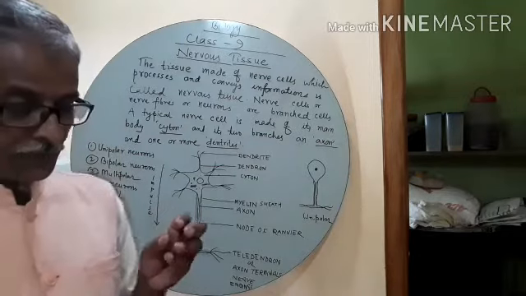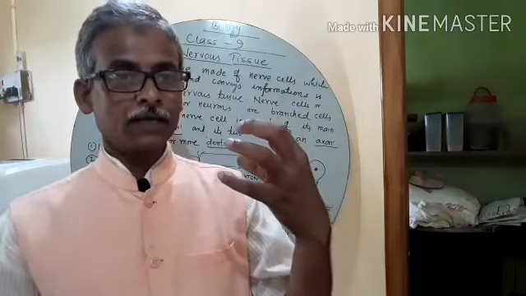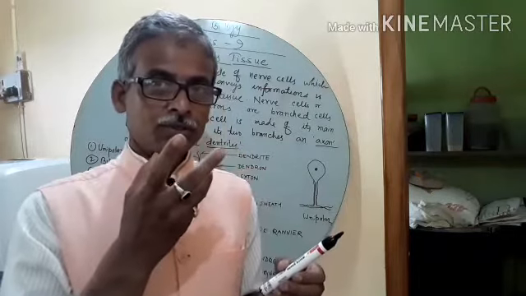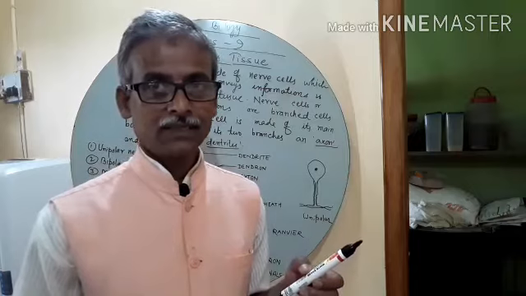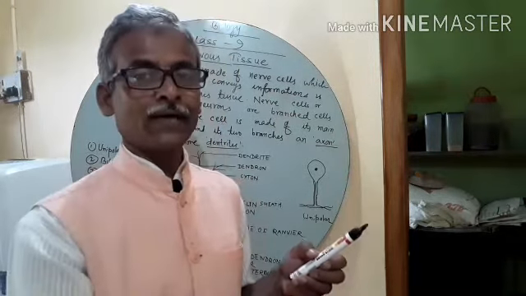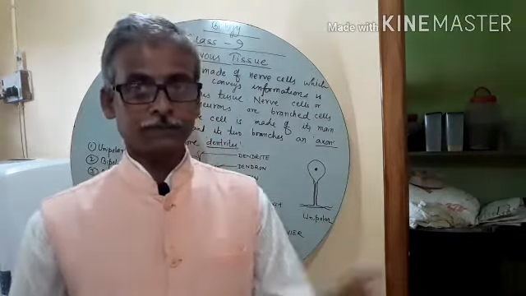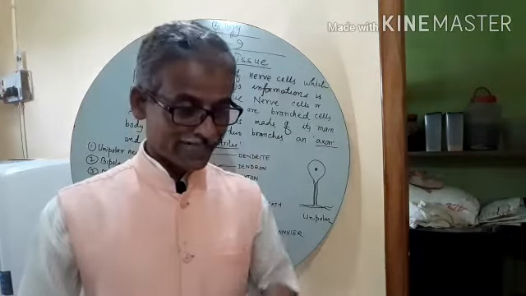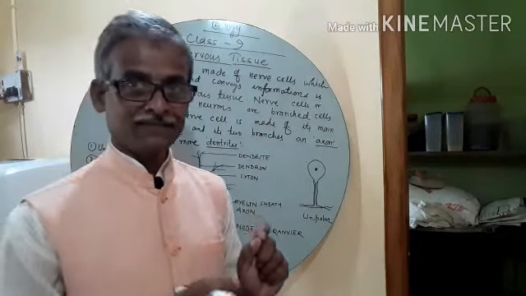As we speak in front of a microphone, the sound changes into electricity in the microphone. It goes through the wire, and again that sound comes out from the speaker. Here this information, this sound, travels in the wire in the form of electricity.